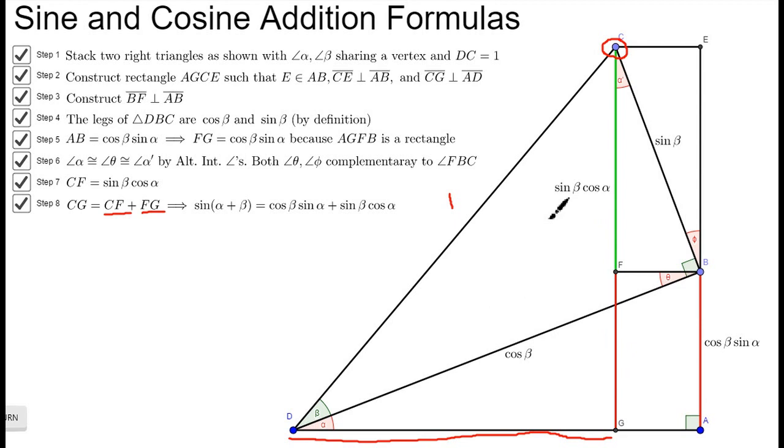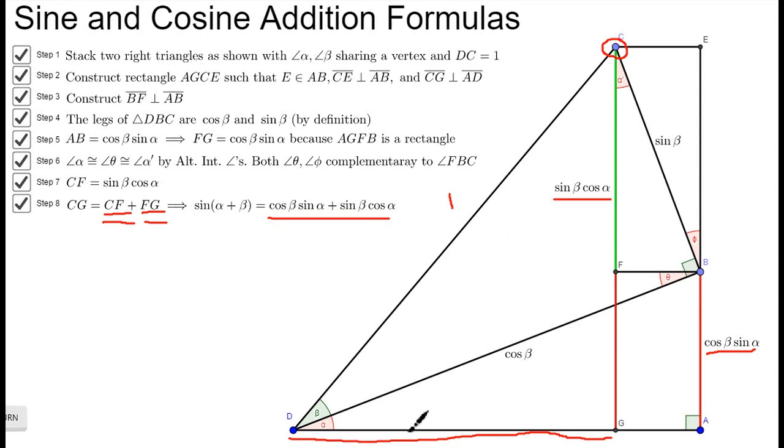Well, we know that the segment CF is sine beta cosine alpha. That's this one, sine beta cosine alpha. And then the red ones, since they're two congruent sides of this rectangle, we know that FG is cosine beta sine alpha. And that gives us the formula for the sine.